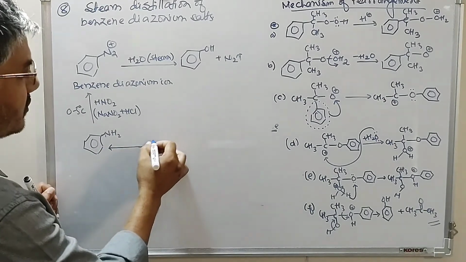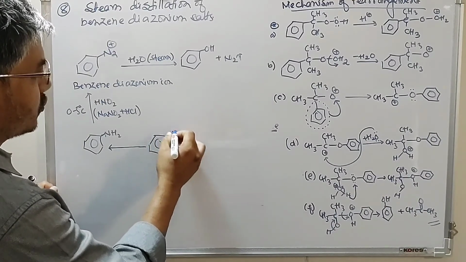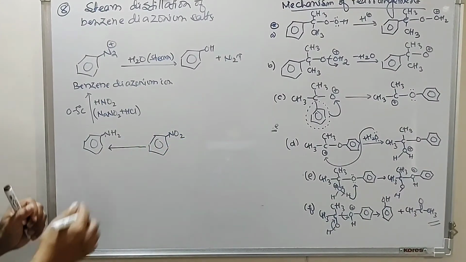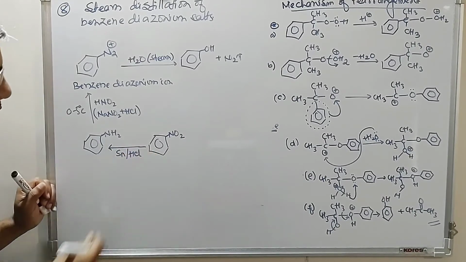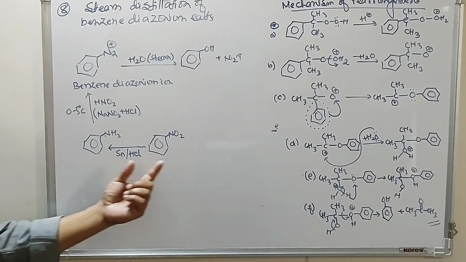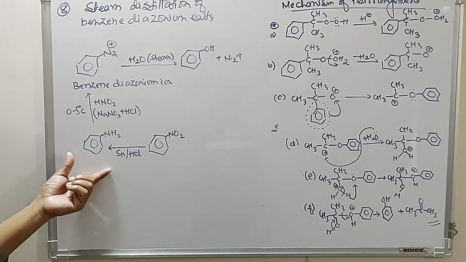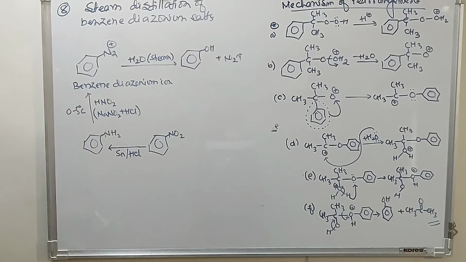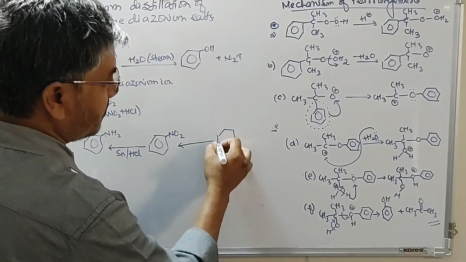can be prepared from nitrobenzene. So nitrobenzene on reduction with tin HCl gives you aniline. Aniline on diazotization gives you benzene diazonium. And this nitrobenzene can be prepared from benzene itself.